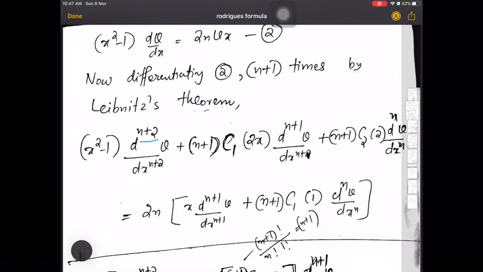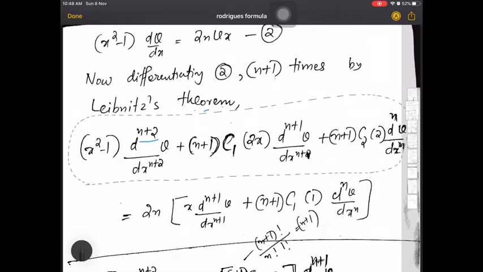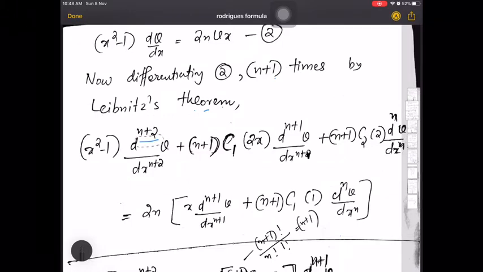Then n plus 1 C1 times 2x, which is obtained by differentiating x square minus 1, times d^(n+1) v/dx^(n+1). Then n plus 1 C2 times 2, as we differentiate 2x. The next time you differentiate 2, you get 0. So this is what you get on the left hand side when you apply the Leibniz formula.